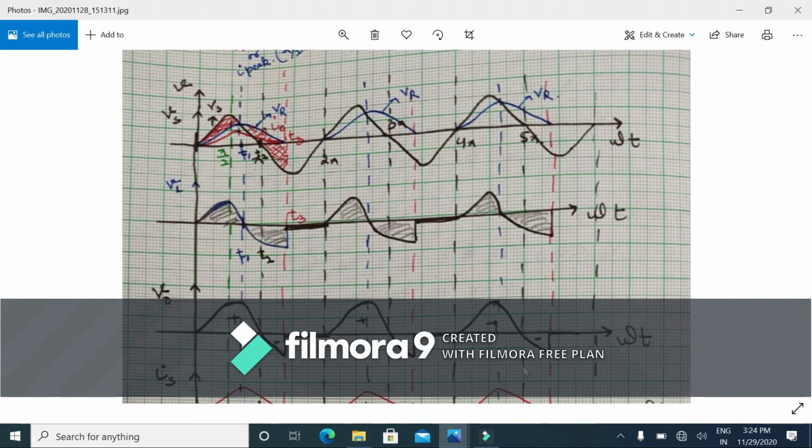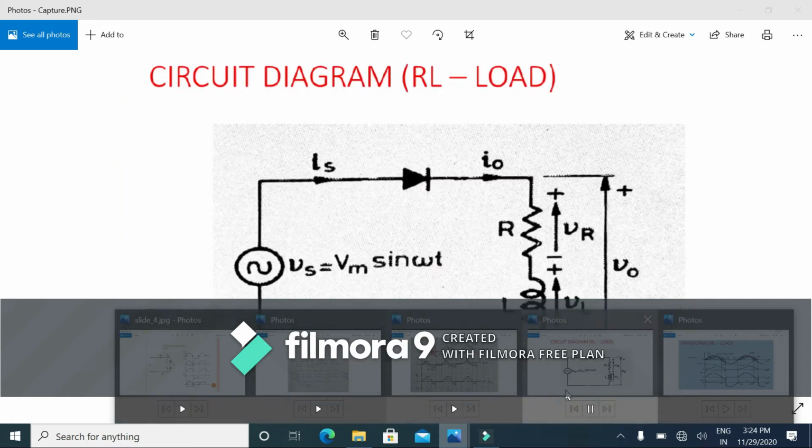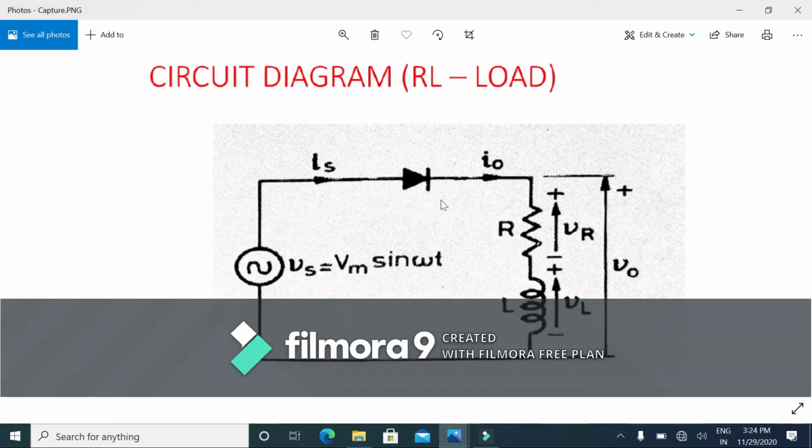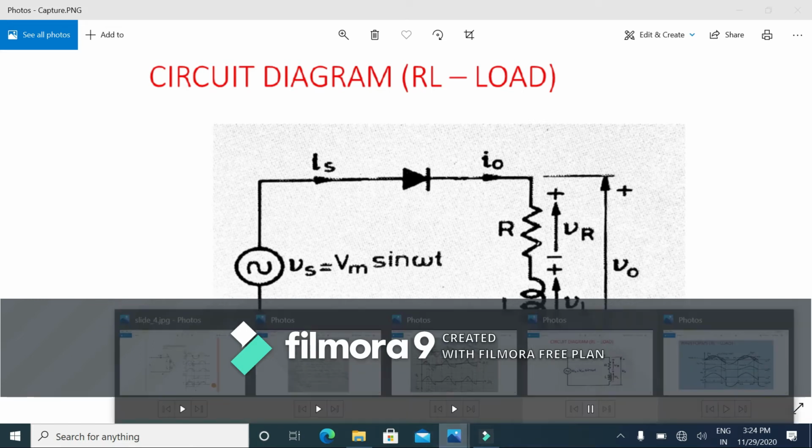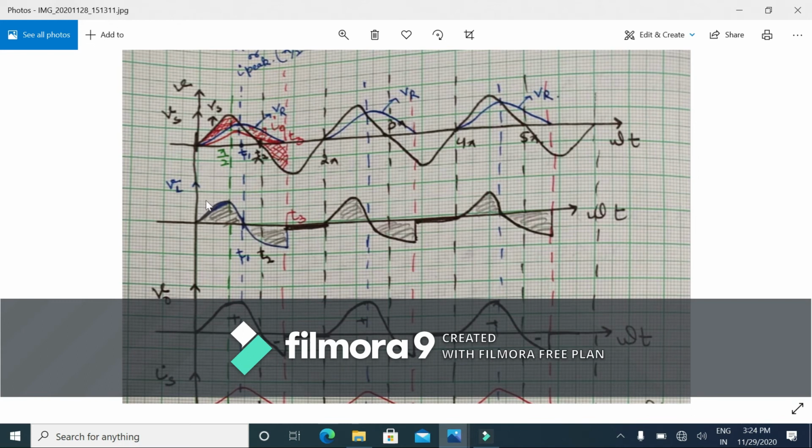As we know from the circuit diagram, whenever this diode is forward biased, our output voltage will be equal to the source voltage, or we can say the output voltage will follow the source voltage as long as the diode is conducting. Since our current is present from 0 to T3, the current is present in the inductor and in the diode.